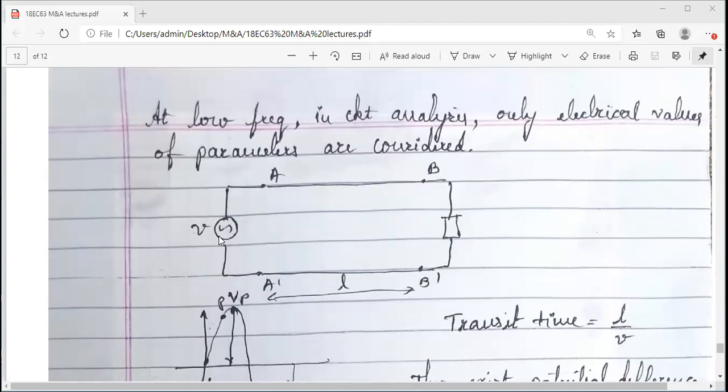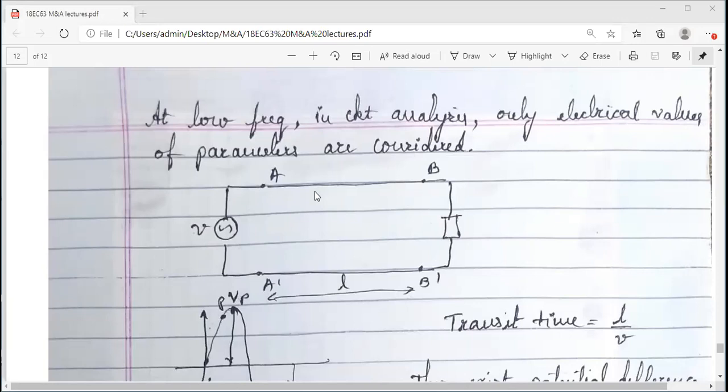A and A dash indicate the input side end, just near the input feeder line. And B and B dash indicate the output side, and there is a load connected to get the output. This is a simple circuitry.